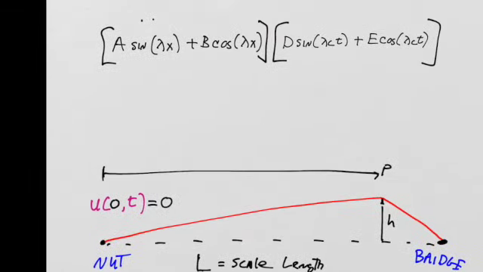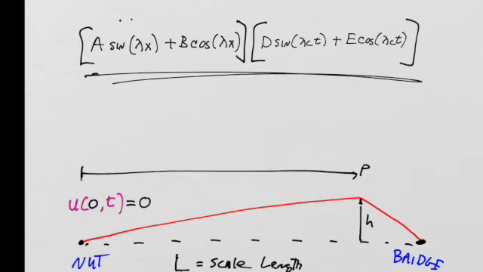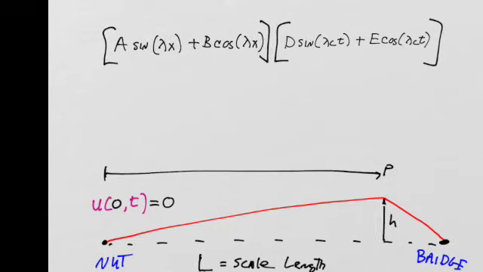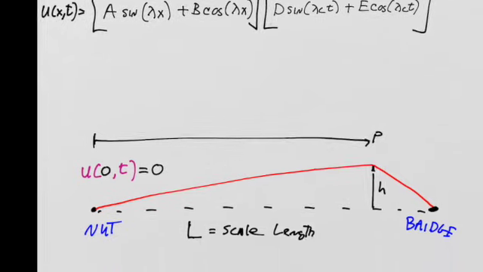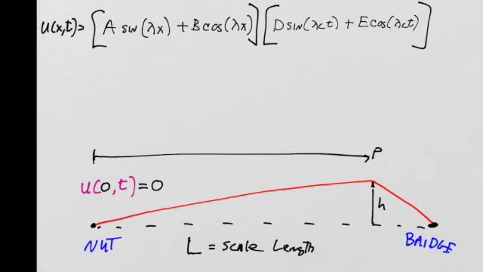And that piece of information does not apply to this general u. It is not true that it will always be the case for this general expression for u. This is the general u of x and t that always solves the wave equation. But we know that for any time t, whatever this is, it must always be 0.